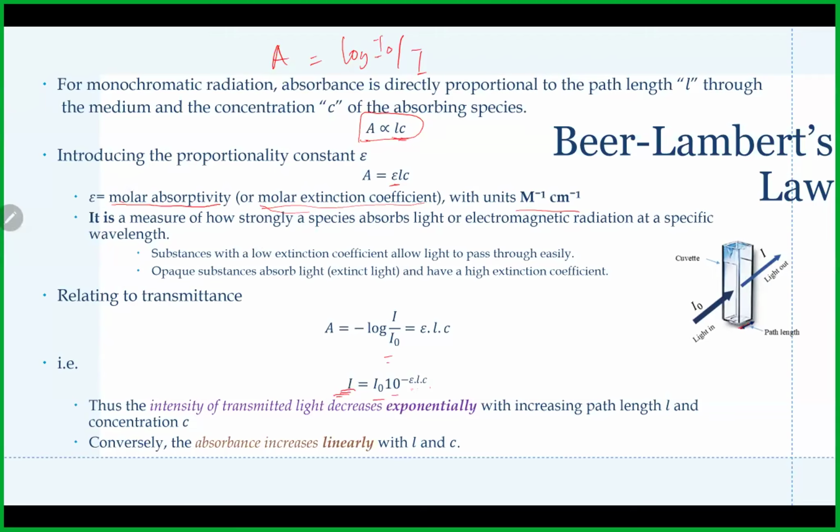Transparent substances have lower extinction coefficients, and opaque substances have higher.